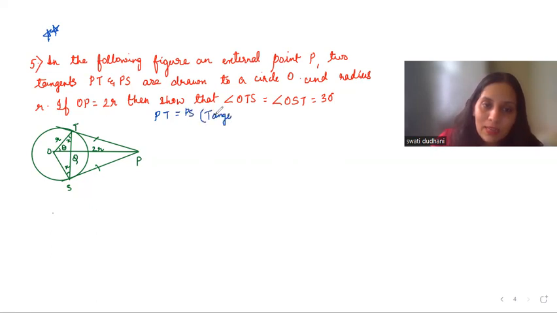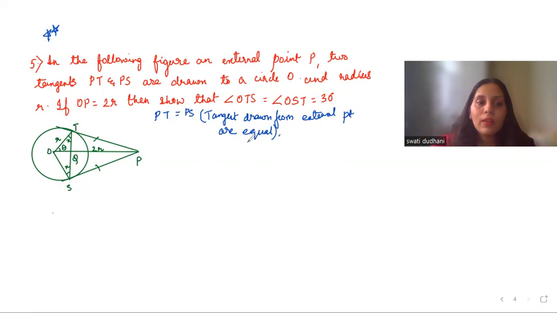Same reason, tangents drawn from an external point are equal. All right. Now, OT is a radius and TP is a tangent. So this will be 90 degree because radius dropped on the tangent is always perpendicular.